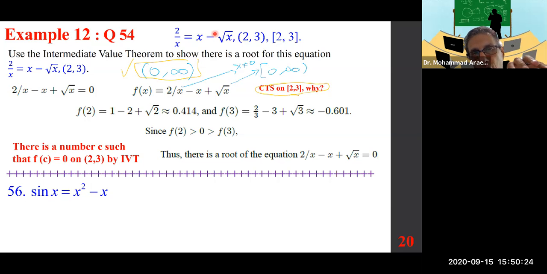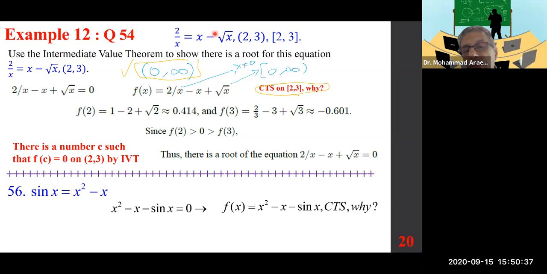We bring it to one side and we give it a name f of x. Again, doesn't matter which side. And this function is continuous. Why is that? Well, if you're claiming it's continuous, you got to be able to come up with the domain. So let's do that, class.